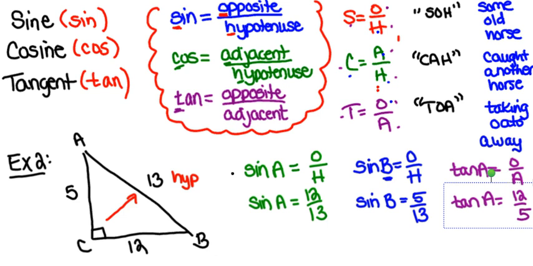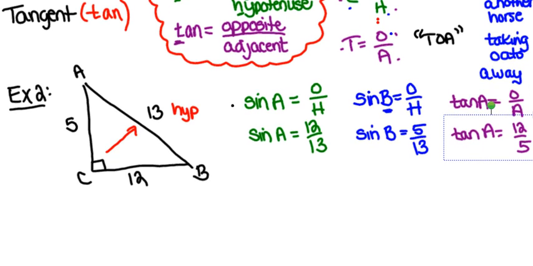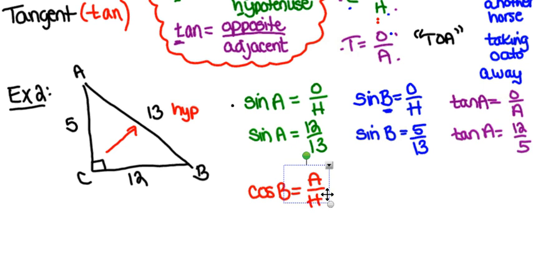If we wanted to find maybe the cosine of angle B, well, cosine of angle B is adjacent over hypotenuse. So I'm going to go into the picture and find my reference angle B. I'm going to look across the triangle.